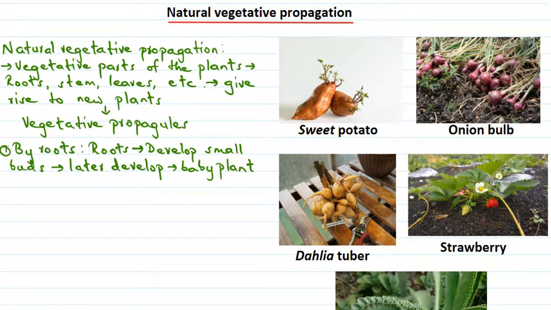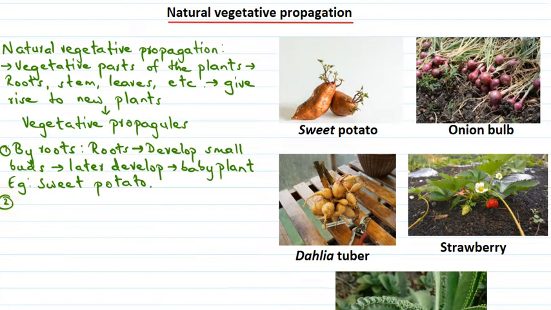Such roots, which develop small buds and then later develop into baby plants, contain sufficient quantities of stored food. We can take an example where this type of propagation can be seen, that is in the case of sweet potato. So this is vegetative propagation that is taking place by roots.